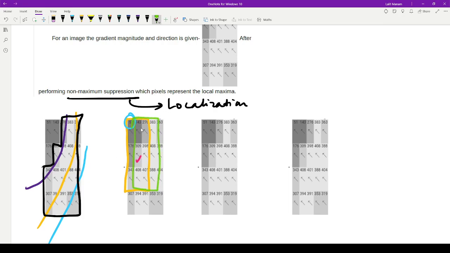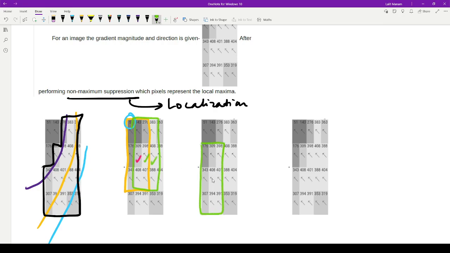Now 398 will be compared with 143, so it will also survive. Again, this 408 will be compared with 276. It will survive. So we move on to the next patch.